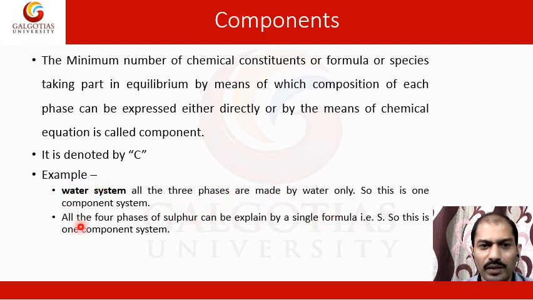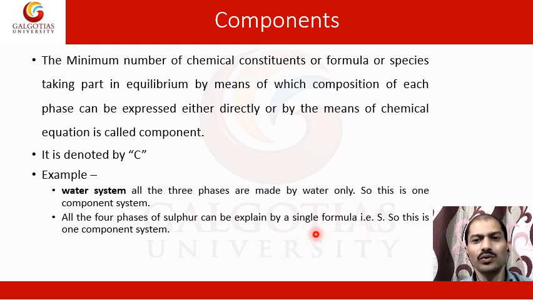The component means water is water, whether you represent it as ice, the formula will be H2O, whether it is liquid or gas. Similarly, whichever phase of sulfur you are talking about, it has the same component, and it will be represented by S. So this is a one component system.